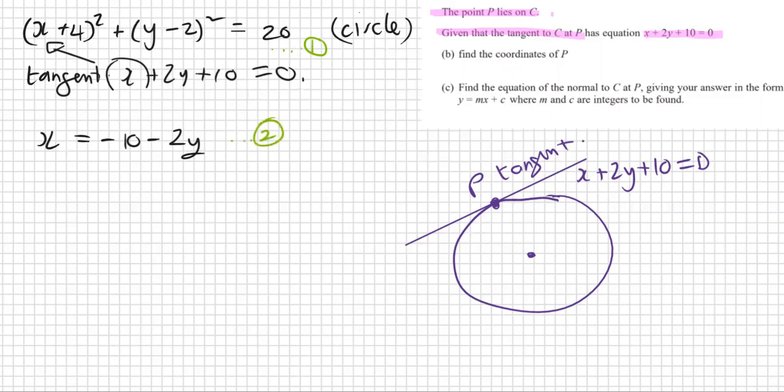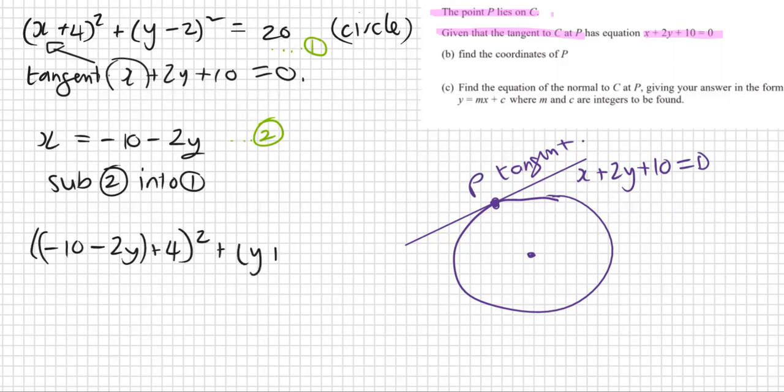Okay, we've got 2 equations. We can sub number 2 into number 1. This would mean that every time we see an x, we instead write minus 10 minus 2y, which is just in this one position. We'll keep a bracket there just to show what it looks like. Plus 4 squared plus y minus 2 squared equal to 20. A little bit of simplifying here.